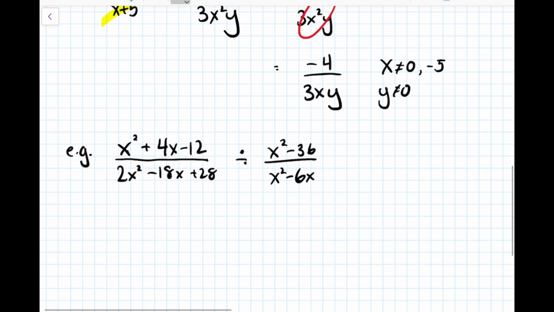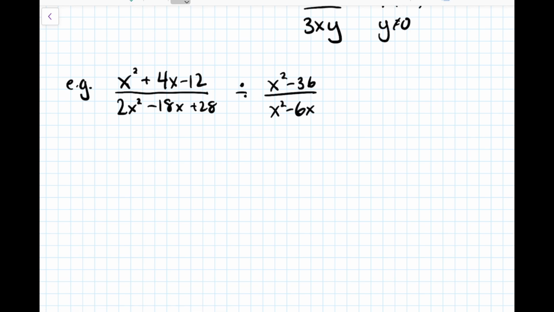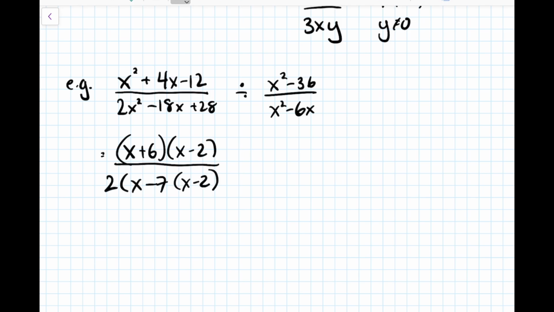So if we go through and do all of our factoring right from the get-go, we'll see that this one has x plus 6 times x minus 2 over 2 times x minus 7 times x minus 2. So remember, you're going to have to take out a common factor for this one. Right? So be really careful with those. Make sure you take out your common factors.